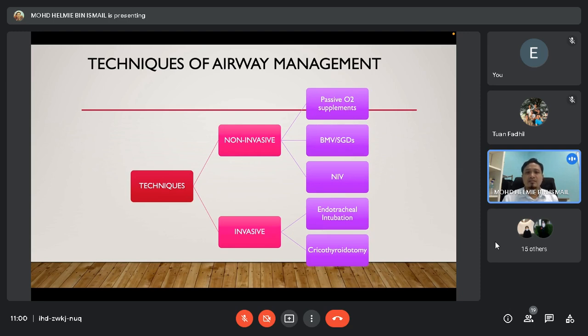We can also use bag mask ventilation ataupun Ambu bagging lah. And sometimes you can give the oxygen through NIV, non-invasive ventilation. Bag mask ventilation and NIV give positive pressure oxygen. However, for the passive oxygen, you just give supplemental oxygen sahaja.